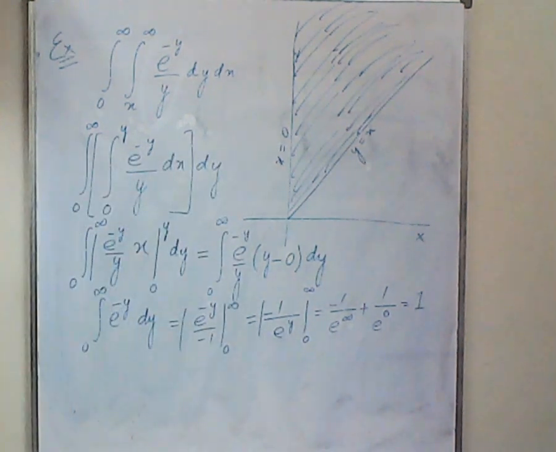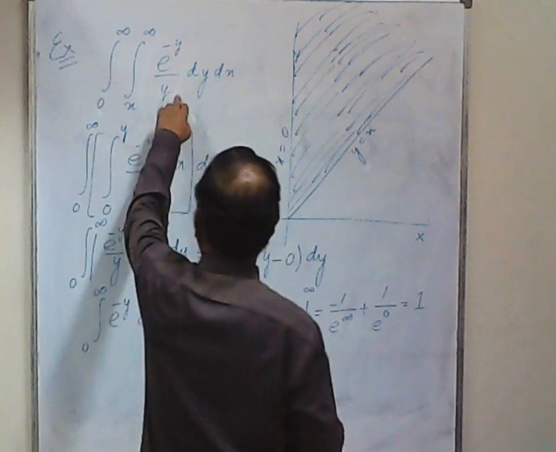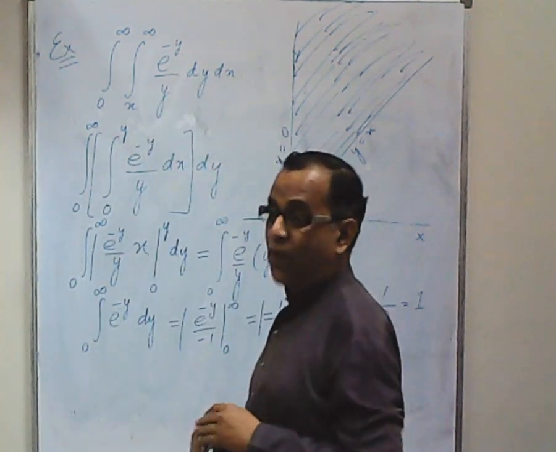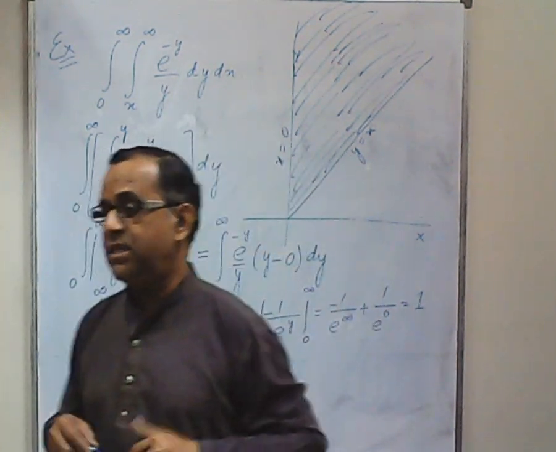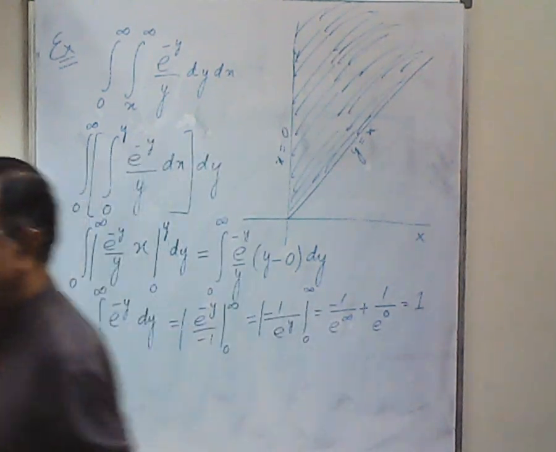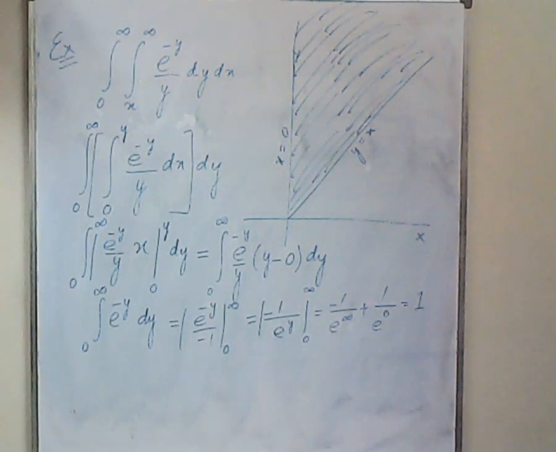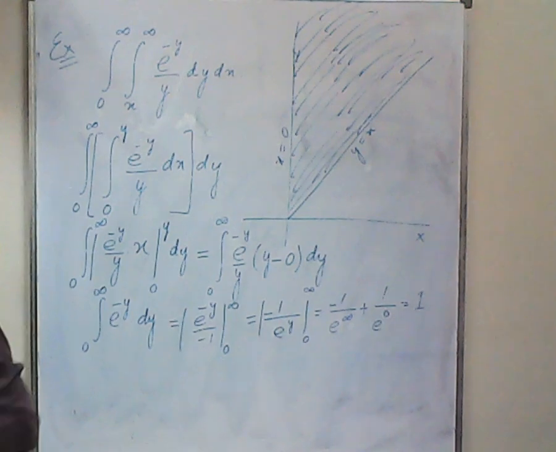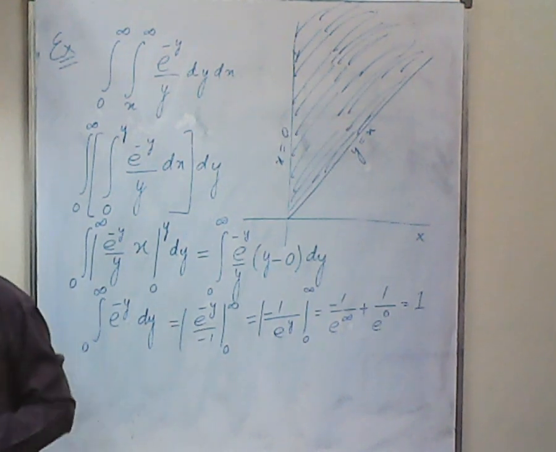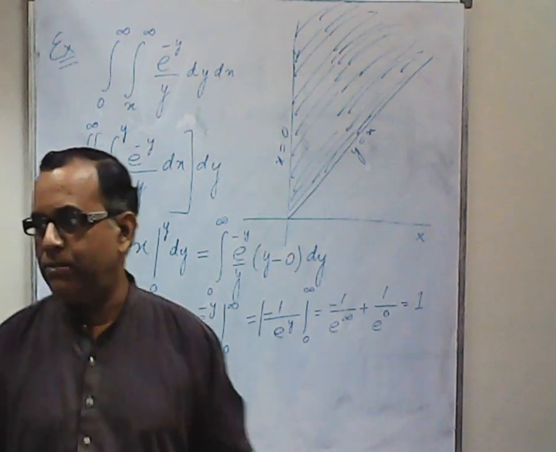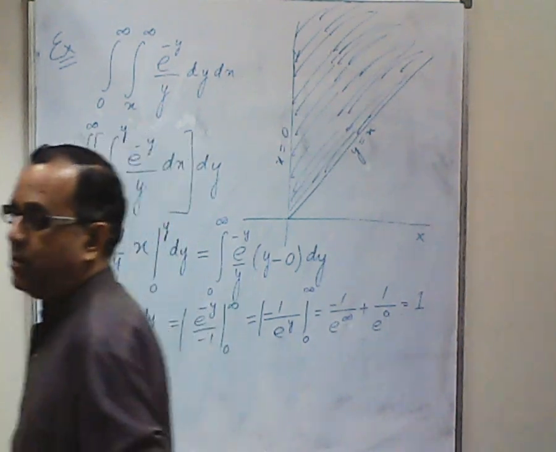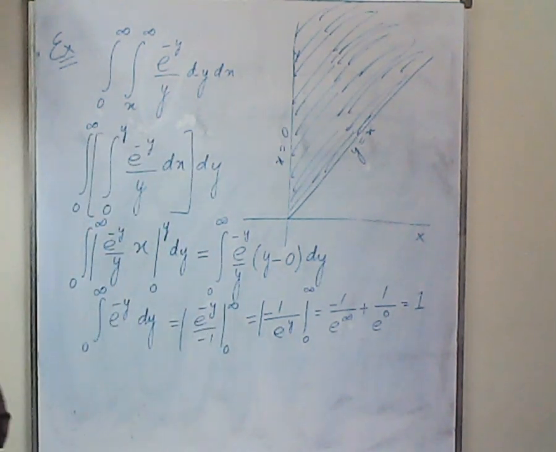So look at this example and see that if I try with respect to y first, then this integral becomes almost impossible for me to integrate. So it is very important for us to understand that sometimes the change of order of integration becomes much more important.